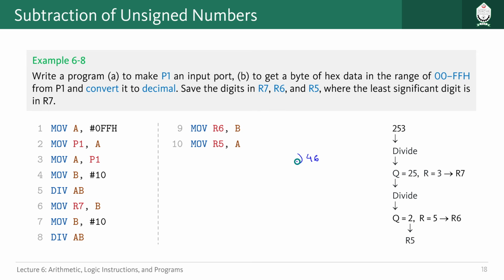So if you divide, for example, 46 by 5, the quotient should be 9 and there should be a remainder of 1.